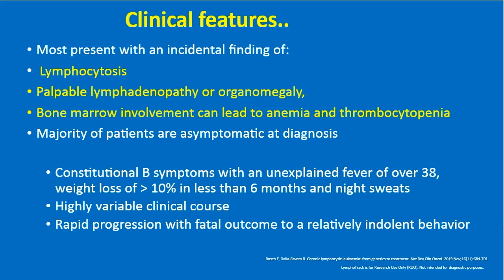The majority of patients are asymptomatic at diagnosis, but some have constitutional symptoms, with unexplained fever, weight loss of more than 10% in the last 6 months or so, night sweats, etc. We will see more as we get into the presentation, but CLL has a highly variable clinical course, from rapid progression with a fatal outcome to a relatively indolent behavior for years.